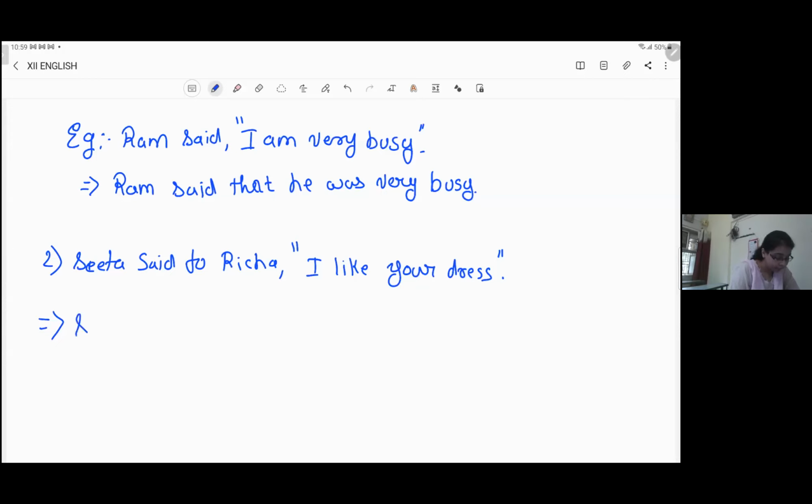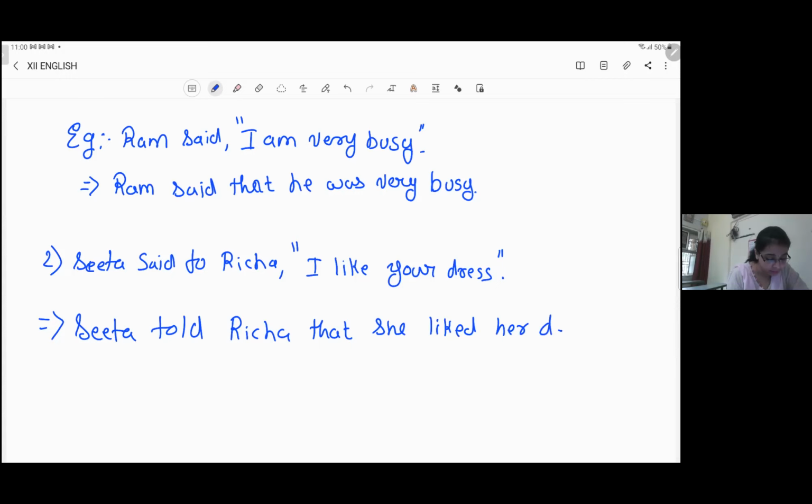Sita told Richa that she liked her dress, right?